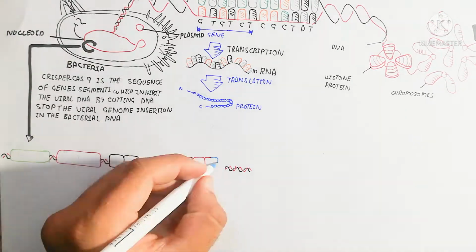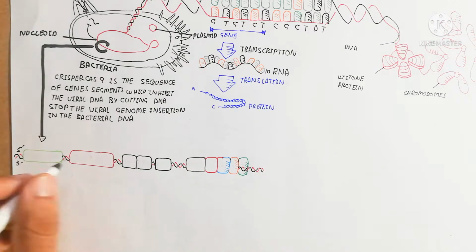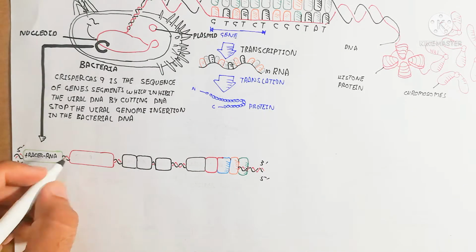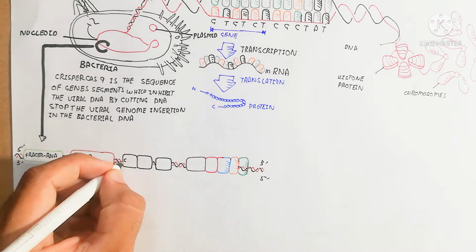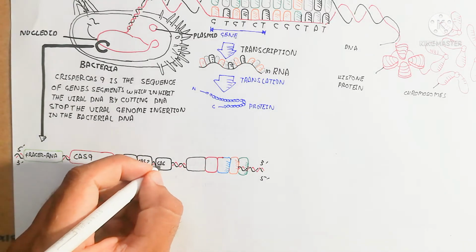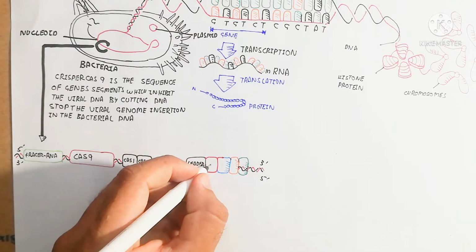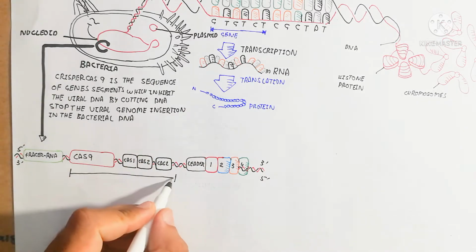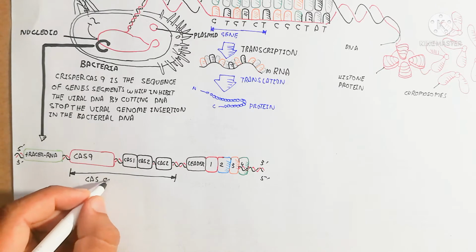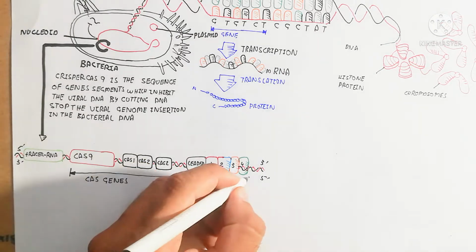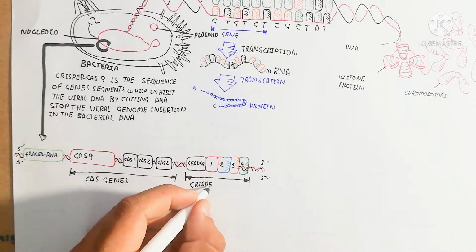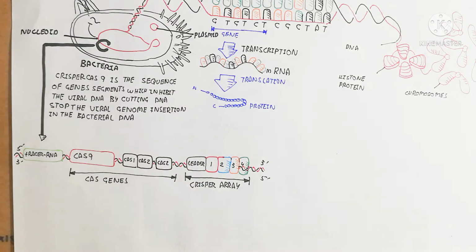Here I am explaining the CRISPR-Cas9 gene. Here is the bacterial DNA, which contains different regions. CRISPR means clustered regularly interspaced short palindromic repeats, which means silencing of the viral DNA.